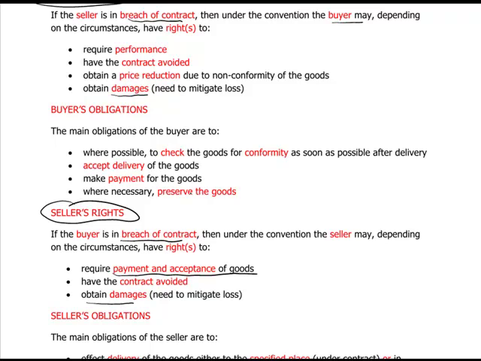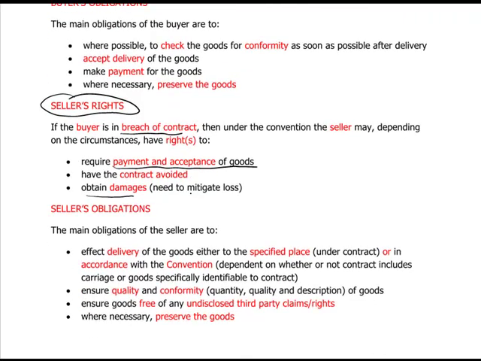Seller has obligations, however, that they must effect delivery of the goods at the specified place as agreed per the contract, or in accordance with the convention, wherever that will be. They must ensure the quality and the conformity is upheld.